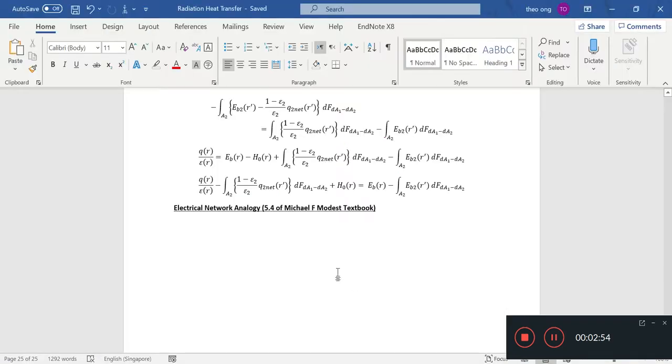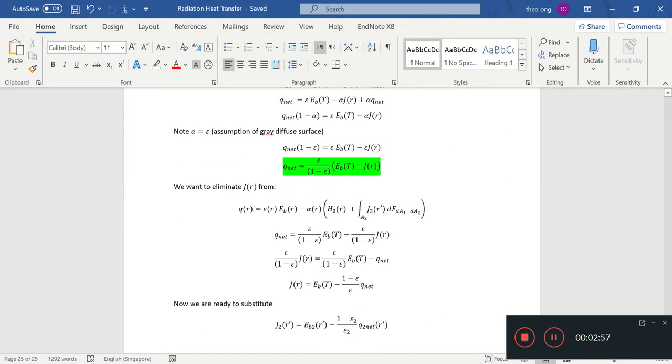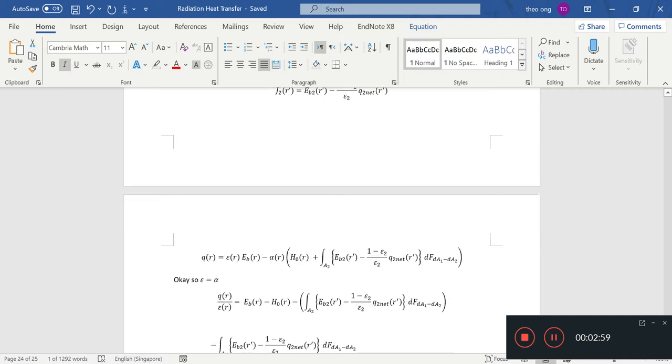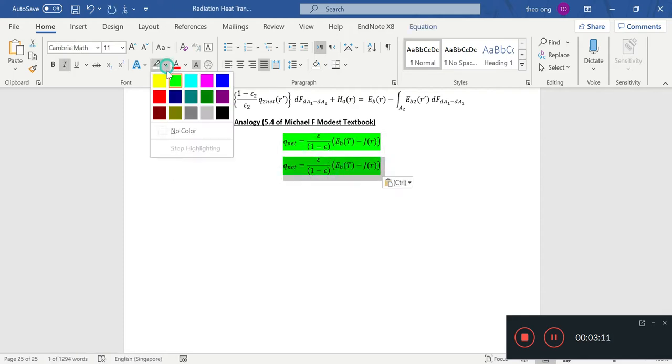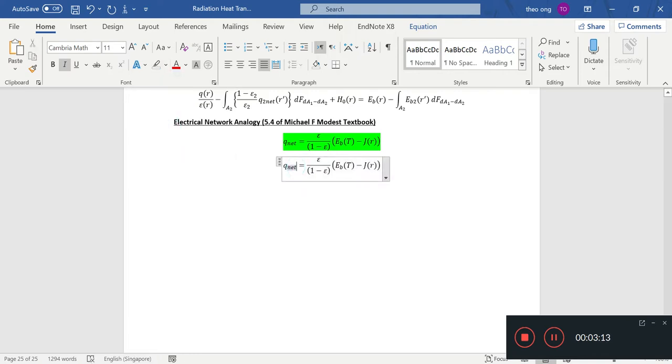Now, where have we seen this kind of thing going on before? If we take a look at this, we see some kind of heat flux per unit area. Of course, if you want to multiply by area, then we'll have the heat flow, Q net times A equals epsilon A, so whatever area that is.